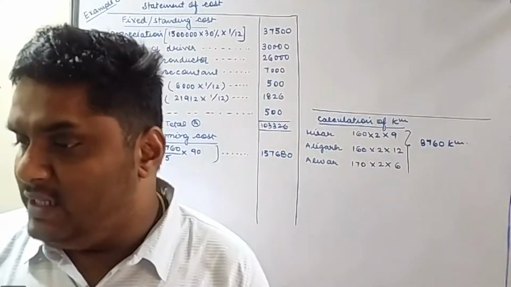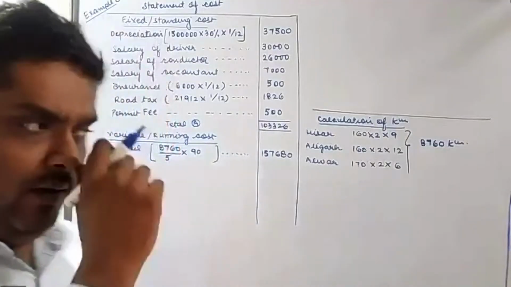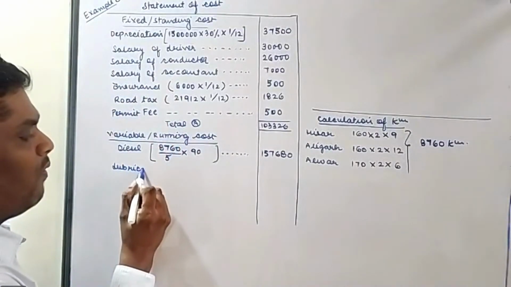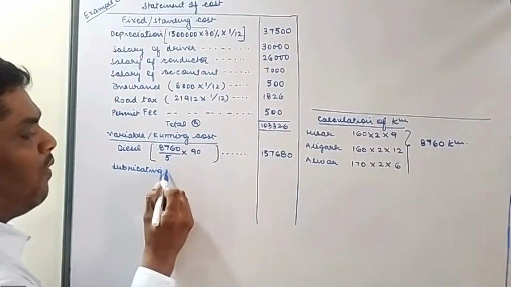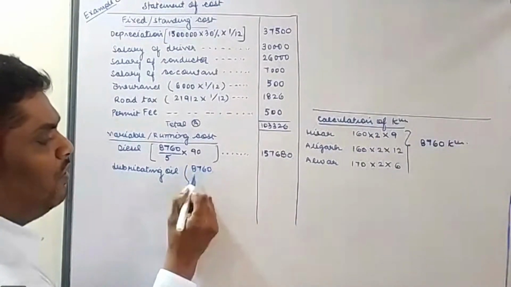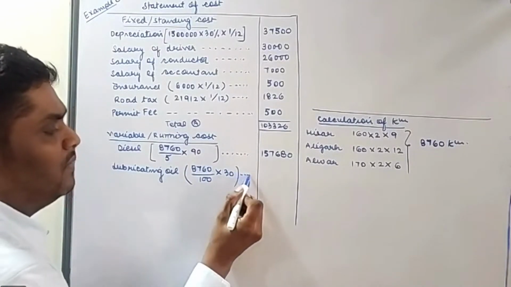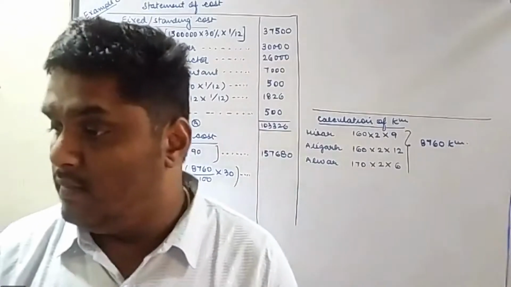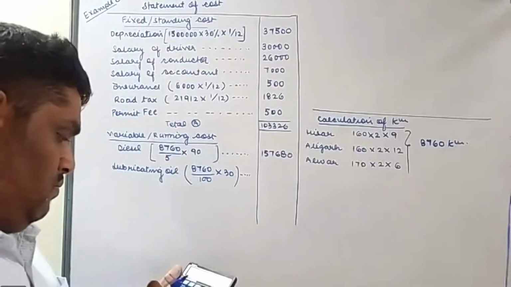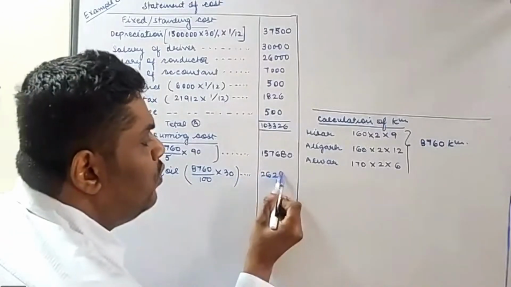Thereafter, there is one more variable cost, that is lubricating oil, that is rupees 30 for every 100 kilometers. So 8760 for every 100 kilometers, it is 30. So this will be 2628.